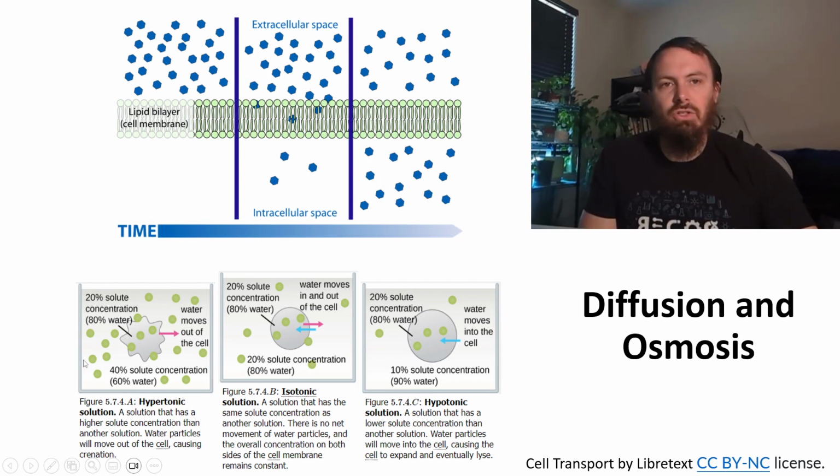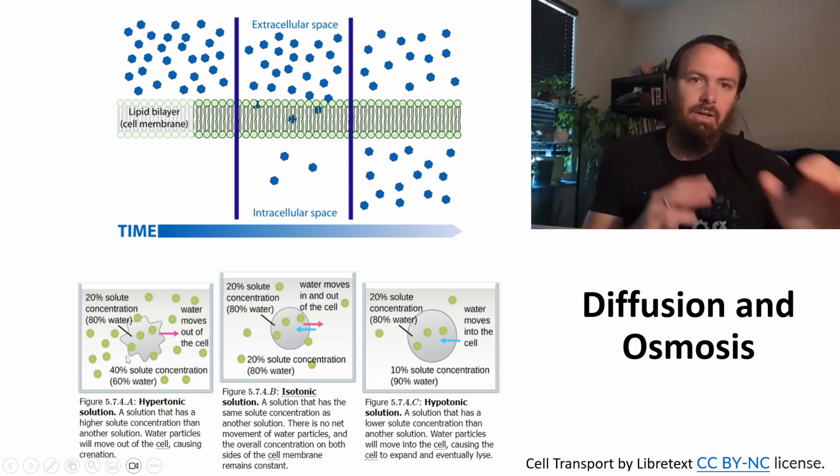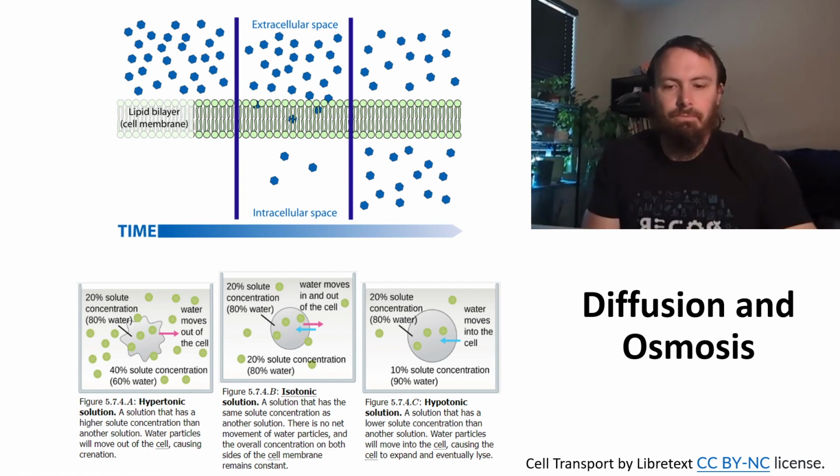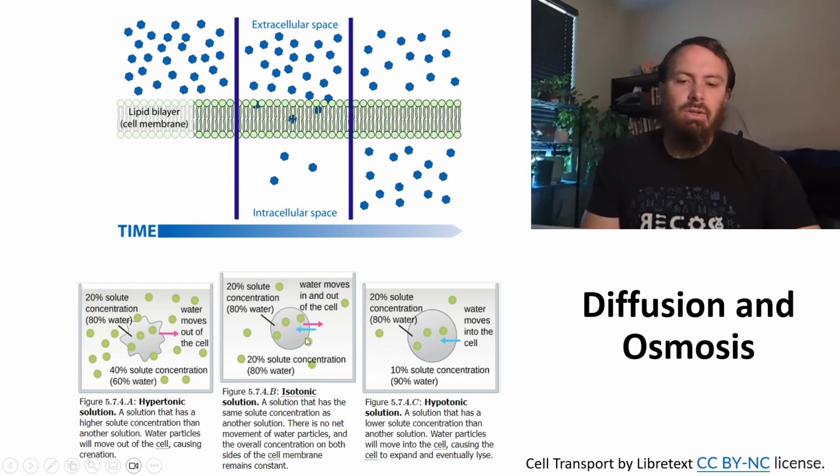It'll move down its concentration gradient, just like a solute would. As a result, the amount of liquid in the cell becomes less and the cell shrivels up. Over here in the isotonic solution, they have the same concentrations inside and outside the cell, and so the cell doesn't change. Water moves in and out of the cell at the same rate.